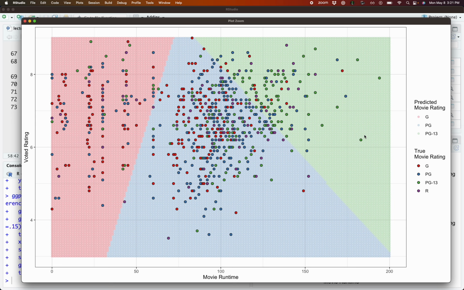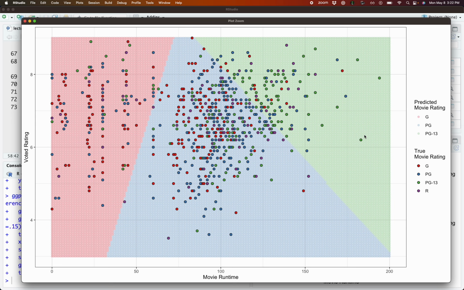Yes, the movie runtime here is fixed to a value. If you fix movie runtime based on this plot, I would expect the highest probability to be always red, always blue, or almost always green. If you were somewhere along here, the probabilities would cross.